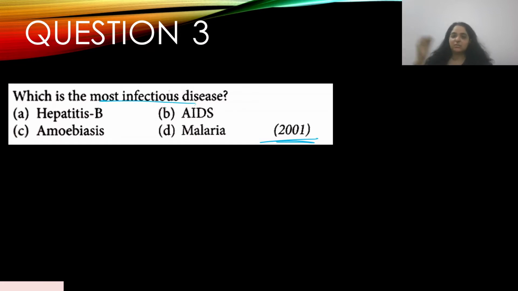Contagious is when you pass it on from one person to another; it spreads easily. Infectious is when a bacteria or virus or any other protozoa, parasite, or anything affects you very easily. That's most infectious to you. So in this case, it's actually hepatitis B. Okay, so the answer is A.